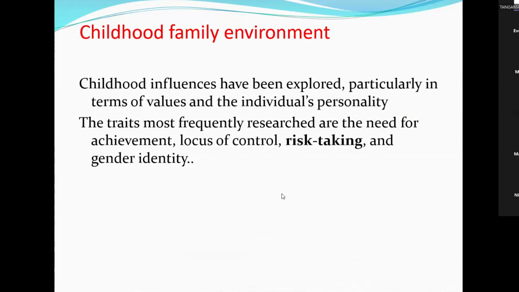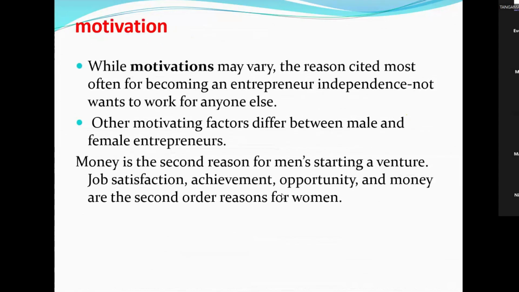Motivations: while motivation may vary, the reason cited most often for becoming an independent entrepreneur is not wanting to work for anyone else. Other motivating factors: a person keeps feeling that they want to work for themselves and no longer work for others, as I was saying.